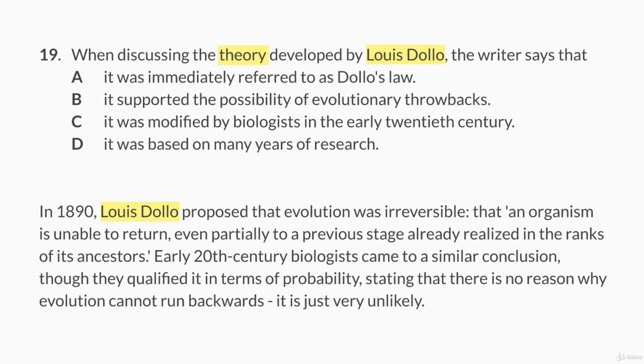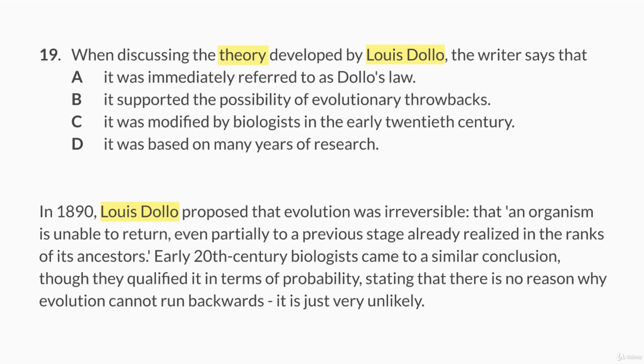Let's start reading. I want to start reading from over here because this is where our keyword appears. Maybe we're going to find our answer in this one sentence, or maybe we'll have to read an extra second sentence. Let's begin. In 1890, Louis Dollo proposed that evolution was irreversible, that an organism is unable to return even partially to a previous stage already realized in the ranks of its ancestors.